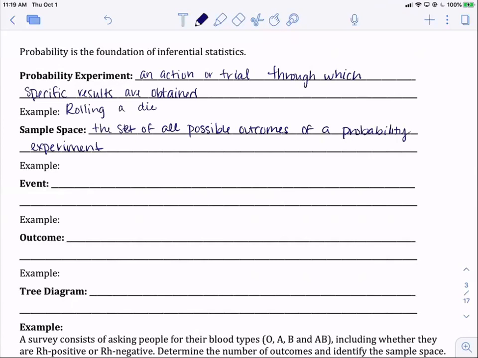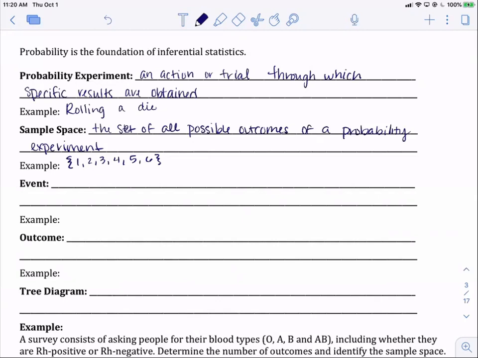Like what numbers can we get? 1, 2, 3, 4, 5, 6. So we use a set brace, like the squiggly bracket, and we just list everything out. If the sample that we're looking at was statistics students, the sample space would be each of your names. So that's what a sample space is.